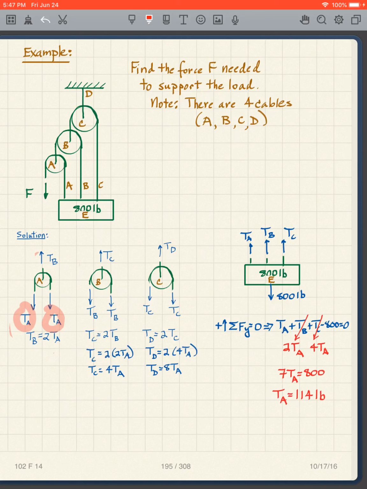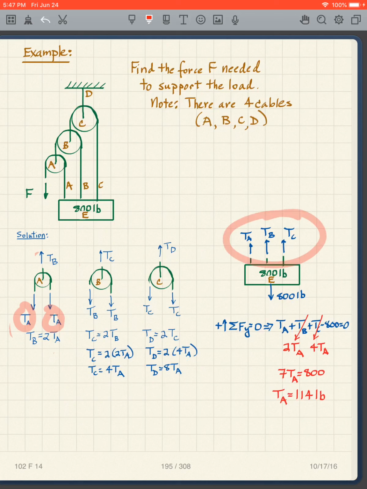I can put in, for TC, 2TB, and for TB, I put in 4TA. And so I get that TD is equal to 8 times TA.